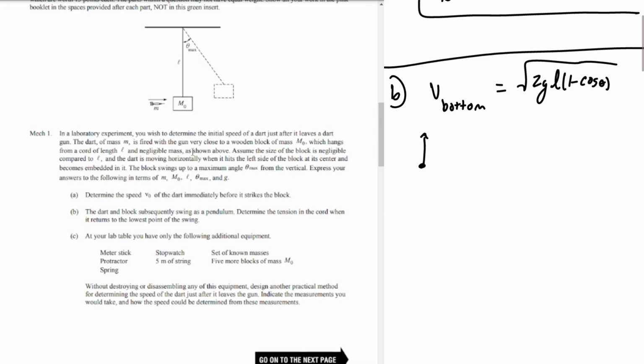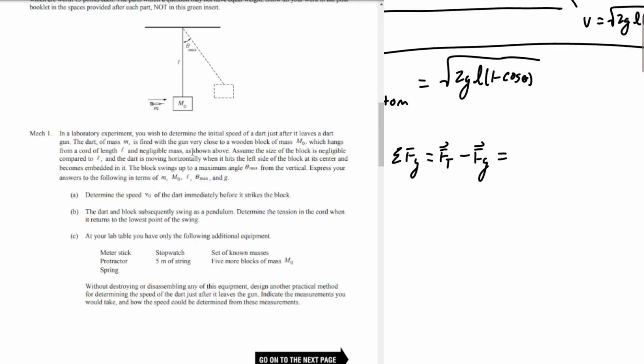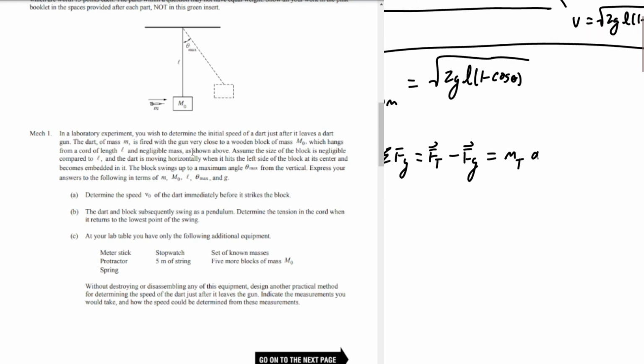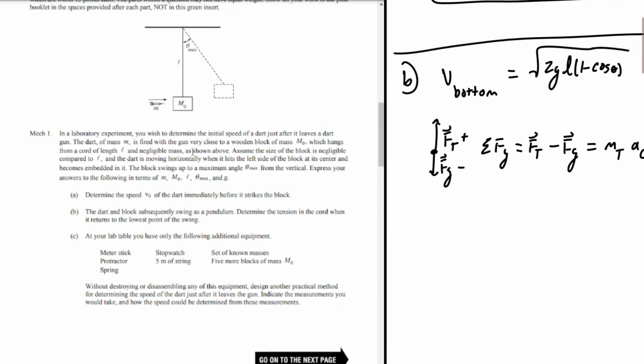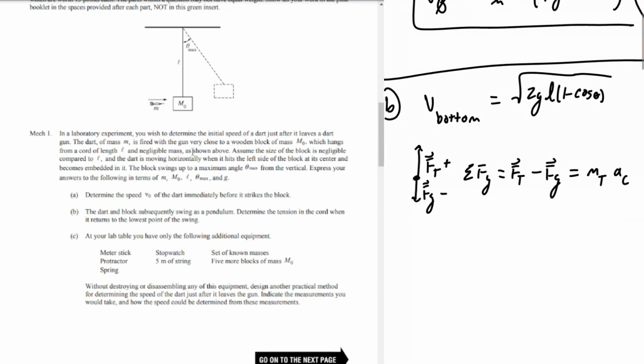So let's draw our free body diagram, because if we do a sum of forces, we can relate centripetal acceleration to velocity. So force tension has to be up, and that has to be greater than force gravity, just because the pendulum is going to start moving up in a bit, right? So I'm going to write my Newton's second law. Sum of forces in Y has to equal force tension, which I'm going to call my positive, minus Fg, which is down and my negative, has to equal the total mass times the centripetal acceleration, because the centripetal acceleration is the acceleration in the radial direction.